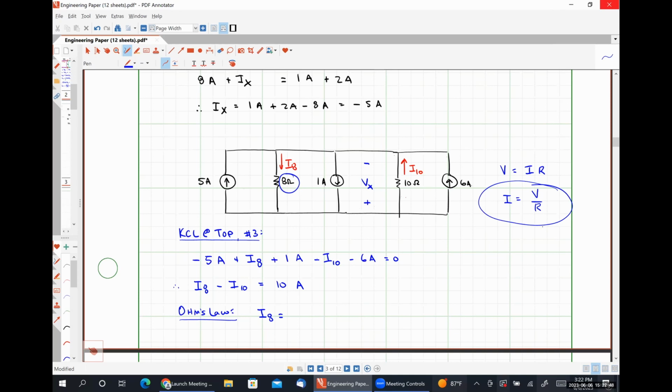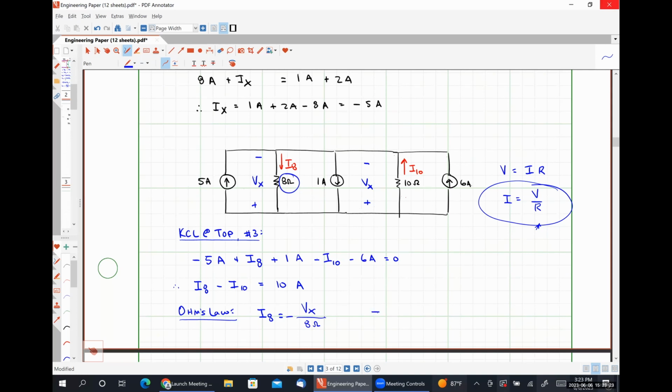I circled the Ohm's law relationship right here, right? We're going to have Vx in the numerator because Vx is the voltage common to everything in this circuit, since all of the elements are in parallel. The resistor value is 8 ohms because it's an 8 ohm resistor. But what we need to observe is that the current is flowing into the negative polarity terminal, which means we need a negative sign here.